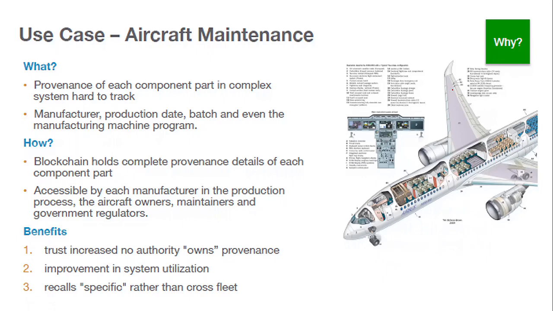For example, if we have an air crash, and there are parts of the aeroplane that fall apart, maybe after a few years, we can retrieve those parts and link them to a particular aeroplane, and also link them to a particular supplier. The originality of a particular part of the plane, right? We can consolidate this information, and that is what we refer to as provenance of each component.